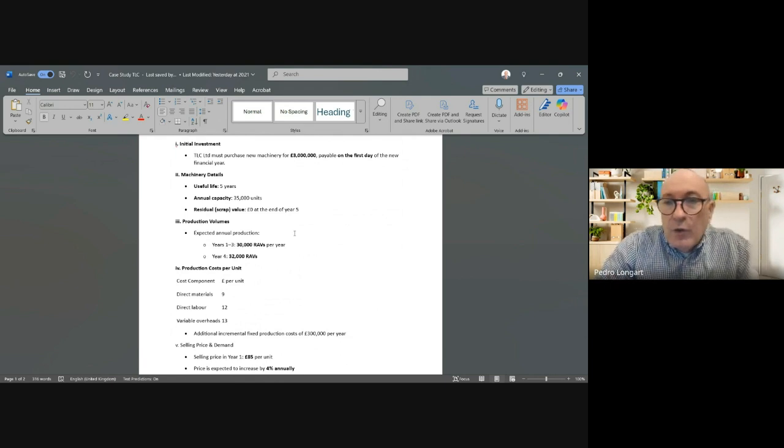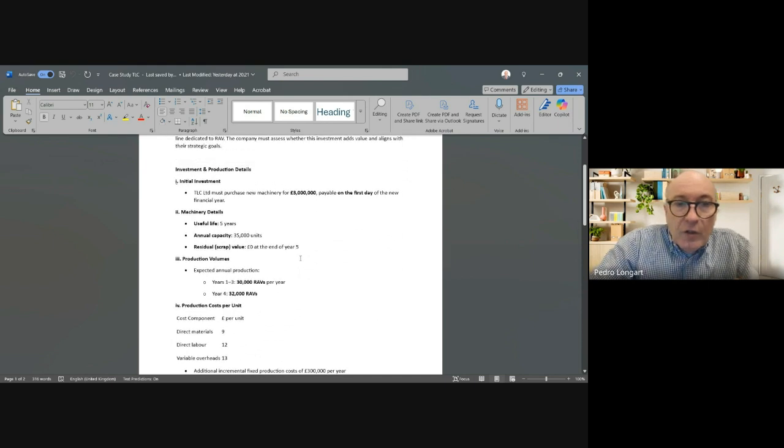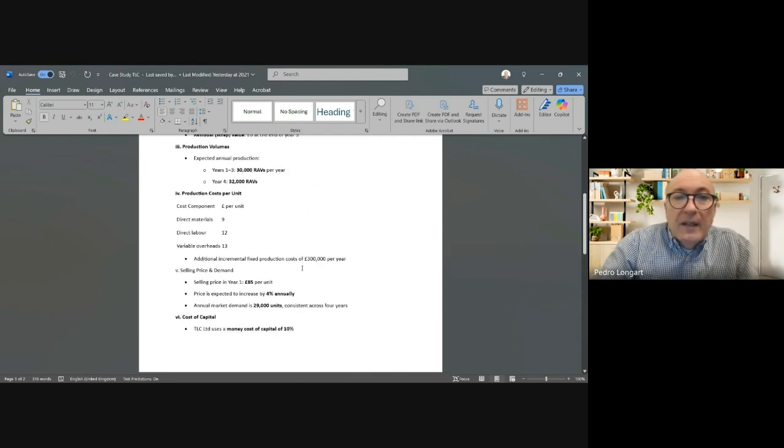Then you will have production costs. Some of them relate to the direct materials that you will have, the materials that actually, the metals and parts that go into making the device.